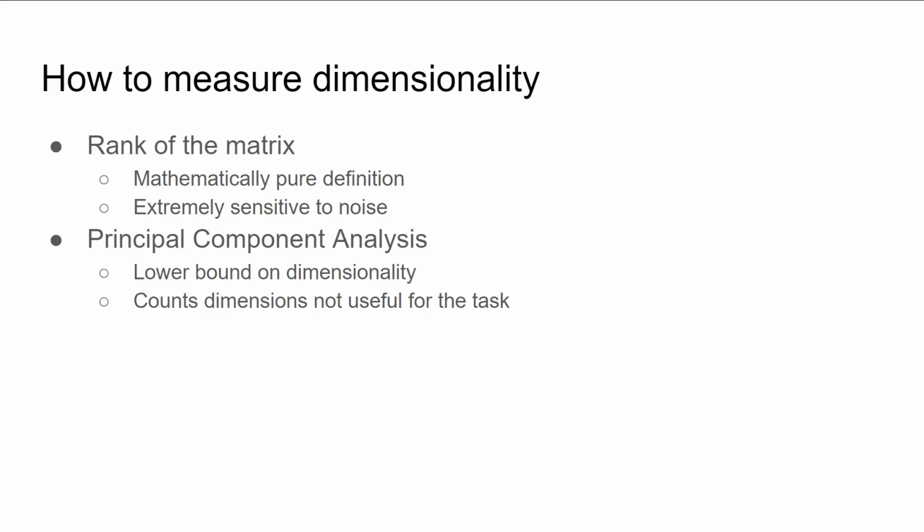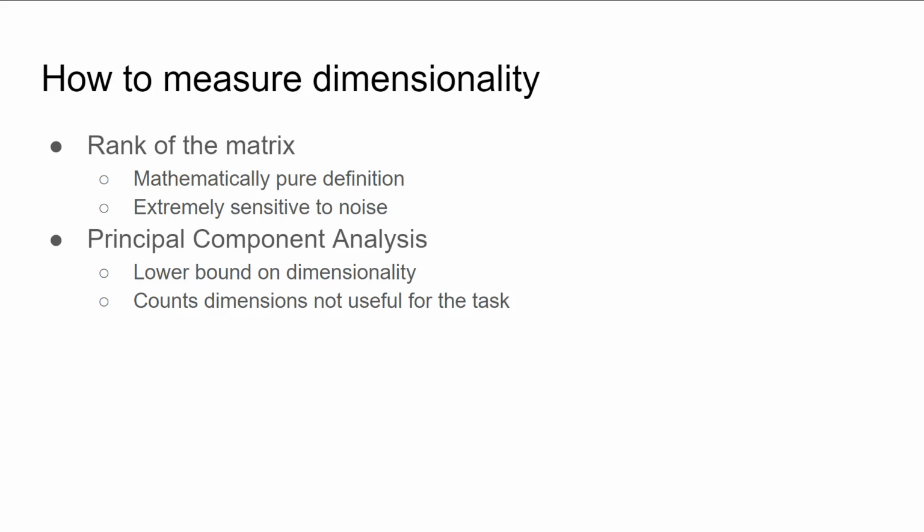Another thing about principal component analysis that they argue is a bit of a problem, besides being a lower bound, is this. I don't have a good figure for this, so I plan on using some markers. Okay, so if you have a data set that looks like this, they had a figure like this, but I didn't think it was very clear. Each of these is actually a line, not a point, right? This dimension does not do anything for your classability, but principal component analysis will still find it.